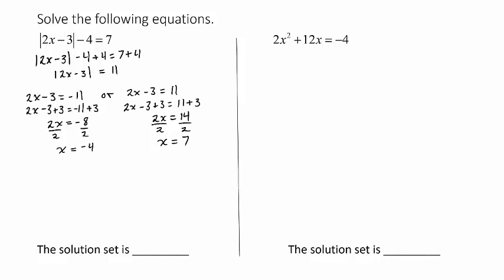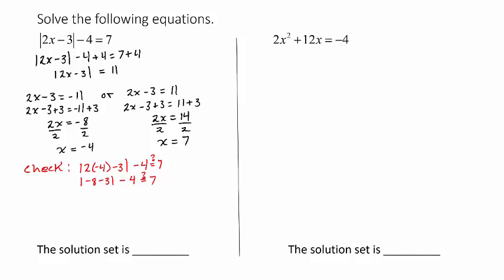Okay, I have two solutions there, and I want to check these. So into the original equation, I'm going to have absolute value of 2 times negative 4 minus 3, minus 4, equal to 7. Is that a true statement? So 2 times negative 4 is negative 8, minus 3, inside the absolute value, minus 4 equals 7.